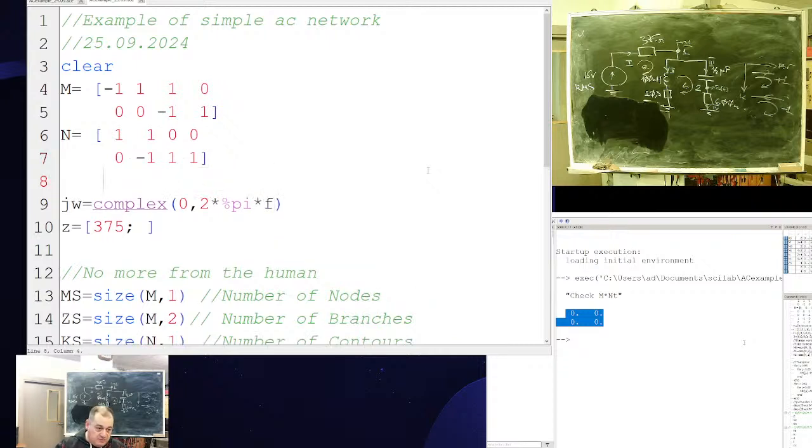And where is my frequency? Frequency is 1000 hertz, or what I wrote, 2 by pi by frequency. This one is 2pf.